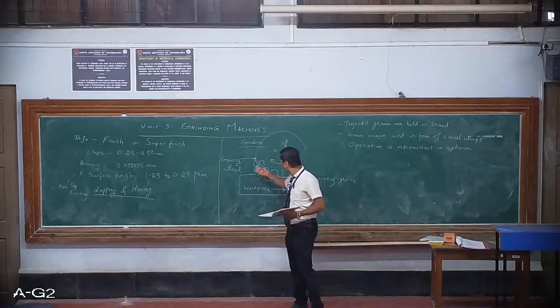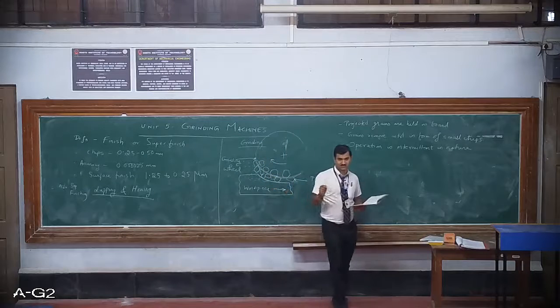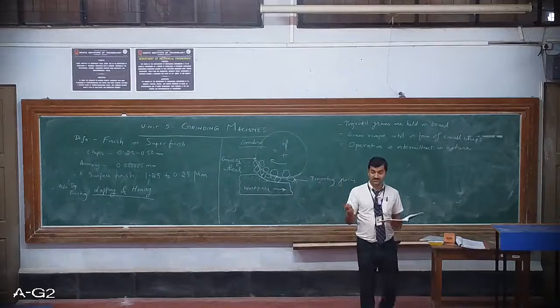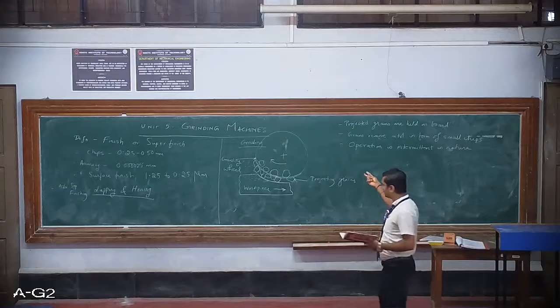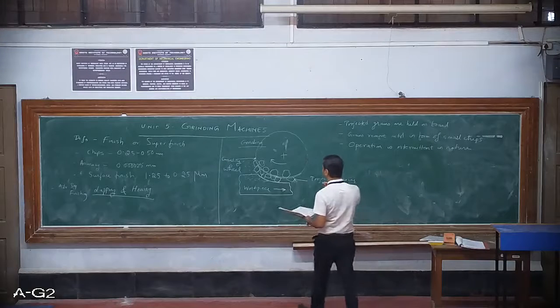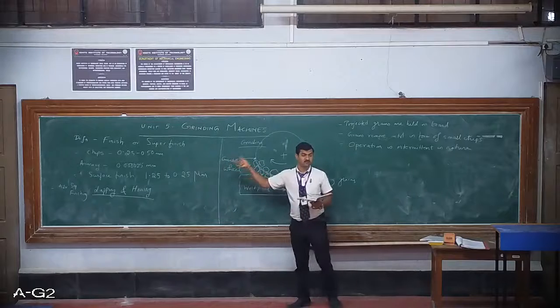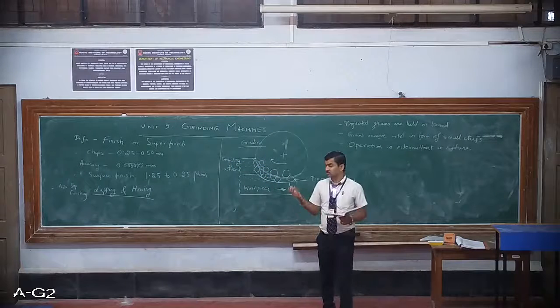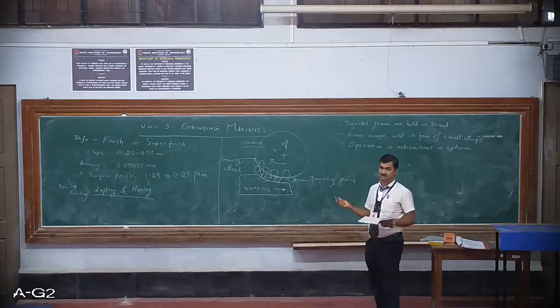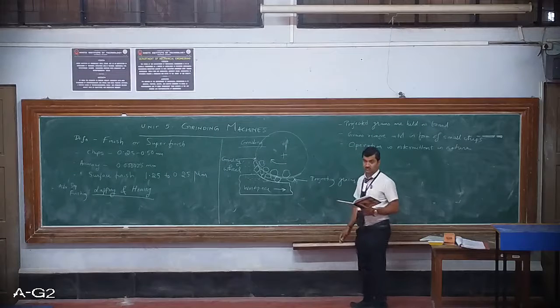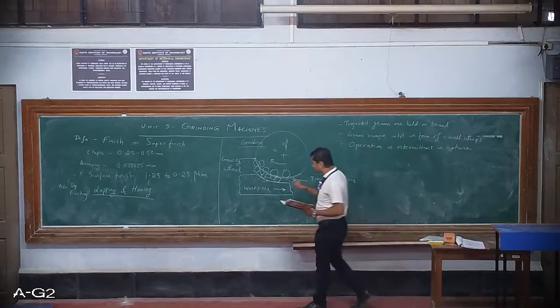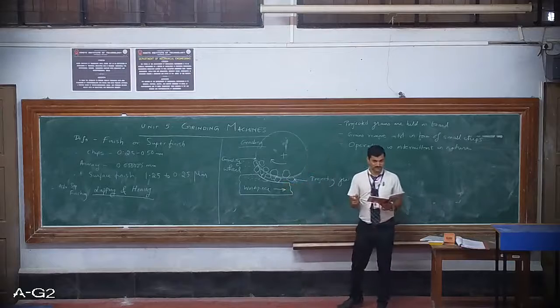You can see so many grains are stuck onto the surface. Each grain here acts as a single point cutting tool. Hence, overall the material that is removed is in significant volume. So the operation is intermittent in nature. It's not continuous. Small gap, because you can see there is a small gap between two abrasives, right?